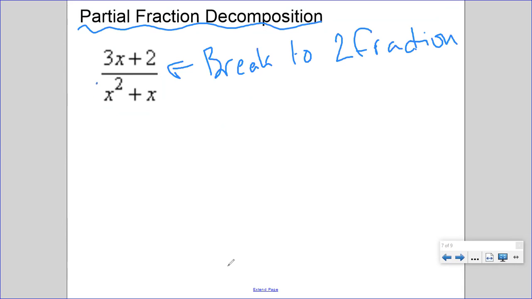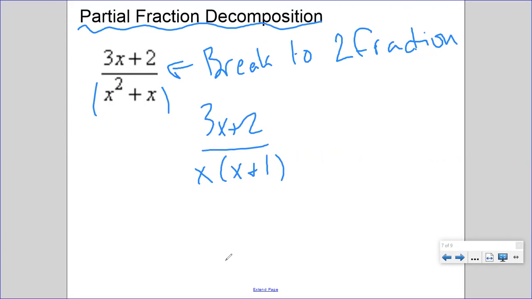So how could I factor this denominator? How would that denominator factor out? x times x plus 1. I love it. So this is 3x plus 2 over x times x plus 1. Are we all cool with that?